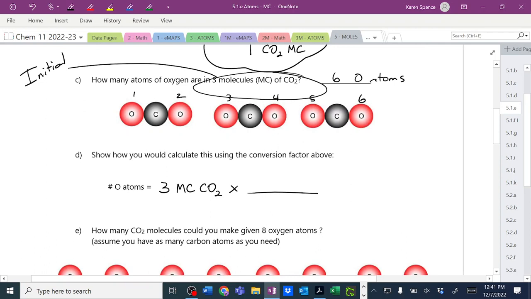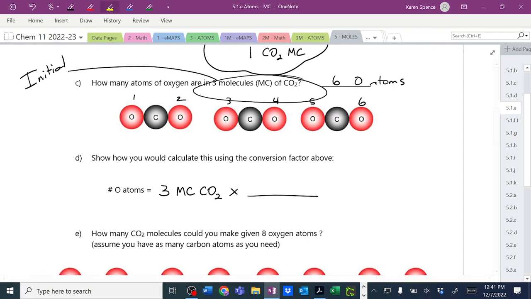In order to convert, what do we need to put on the bottom? We want to find the number of O atoms, or atoms. Nobody got that? That's all right.